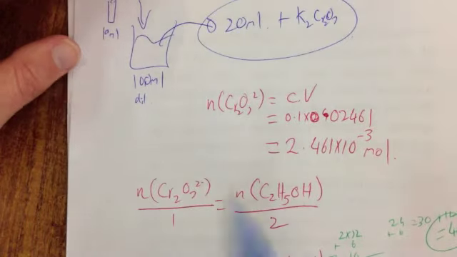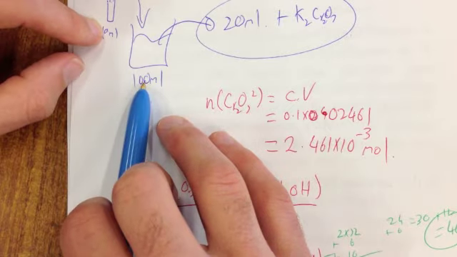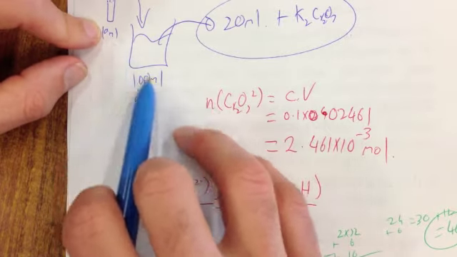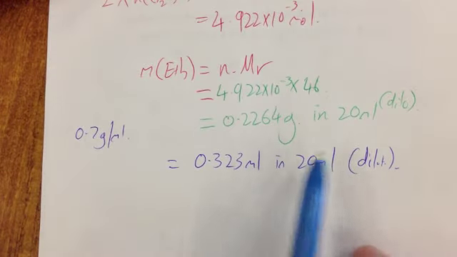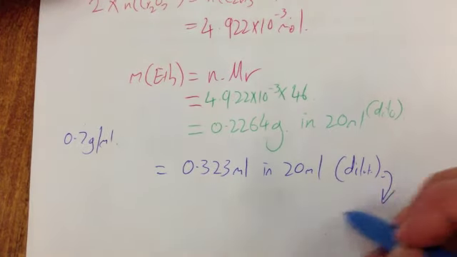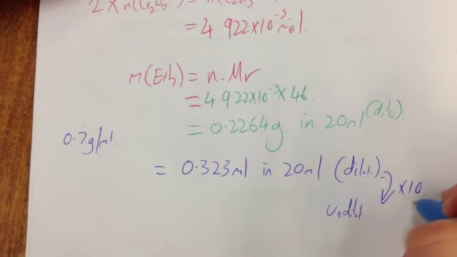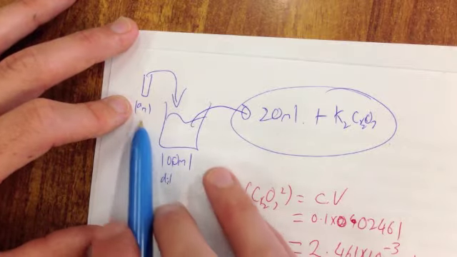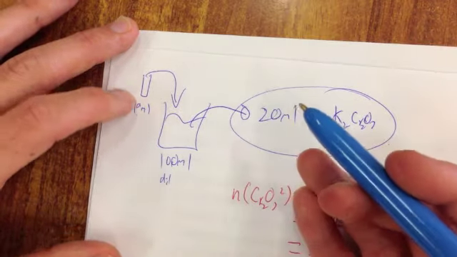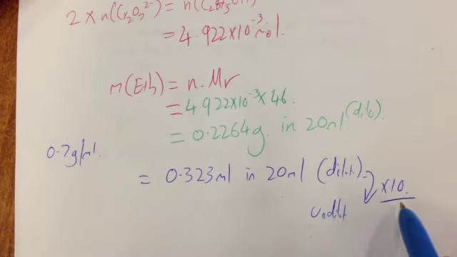You've diluted it by a factor of 10. 10 mils to 100 mils. So therefore, if this was to go to the undiluted, you multiply it by 10. Just by looking at it, I can understand this dilution factor. Dilution factor is by a factor of 10. So when it's undiluted, it'll be 10 times concentrated.